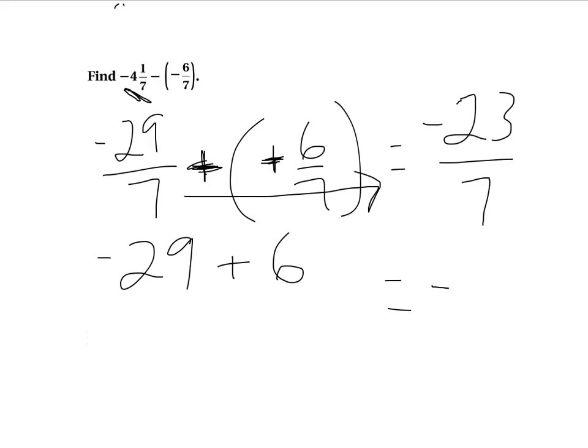It'd be a negative, don't forget your negative, 3, and I have 2 left over, negative 3 and 2/7. That would be an example of how to do subtracting fractions, which really isn't any different than what we did with addition. Just find the common denominator, and in this case, subtract instead of add.